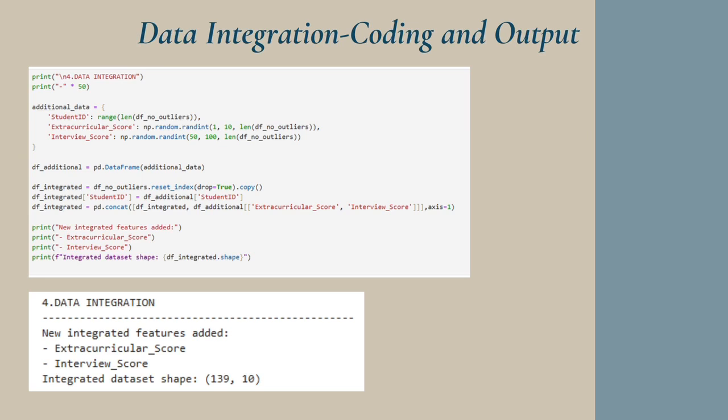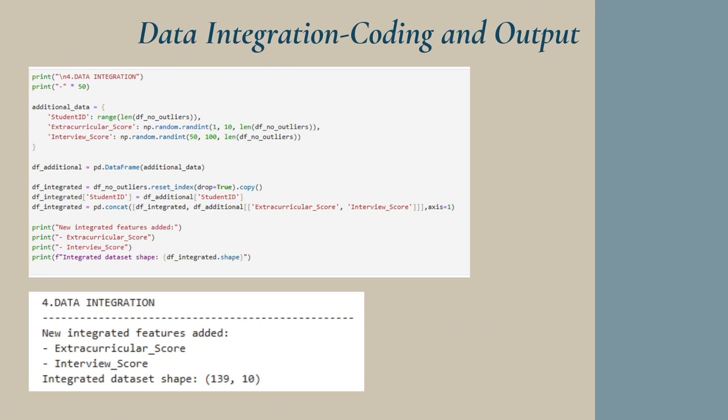So how does the computer do it? First, as we can see, range(len(df_no_outliers)) creates sequential IDs 0, 1, 2, 3 until 138.